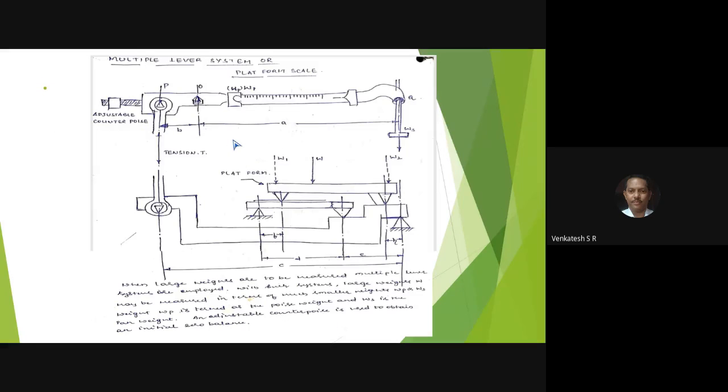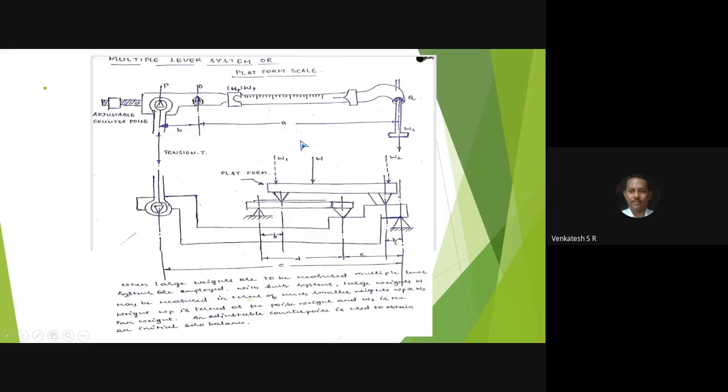Before that, all of you observe here the dimensions A, B, C, D, E, F. There is no G. And H. See, these dimensions are very, very important.